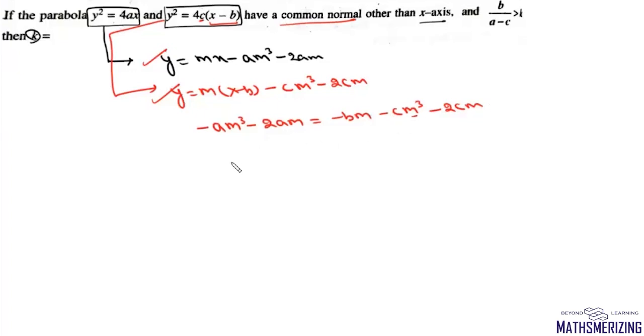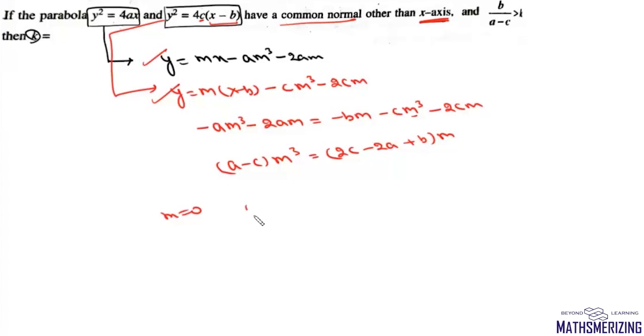So we can write this as a minus c into m cube is equal to 2c minus 2a plus b into m. So now here one of the values is m equals 0, but that will be the x-axis. So we need roots other than the x-axis.